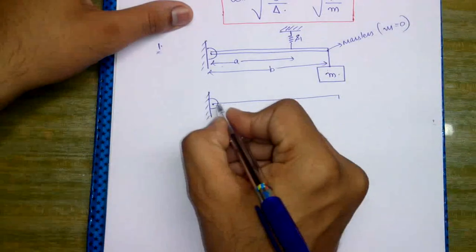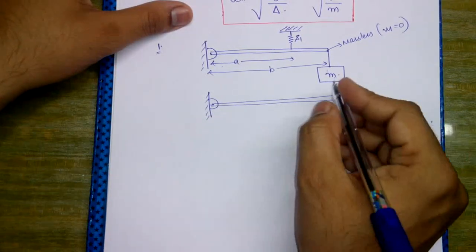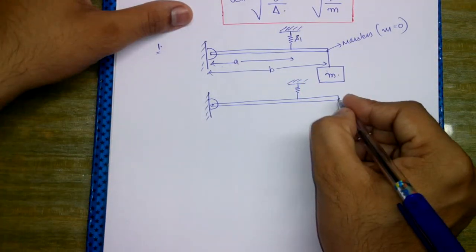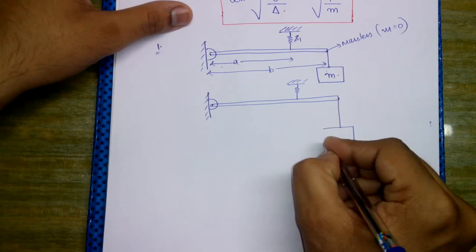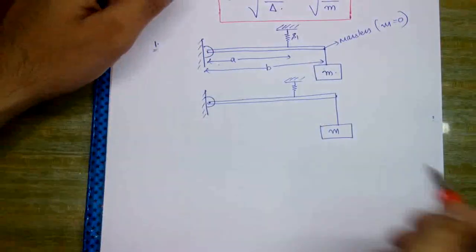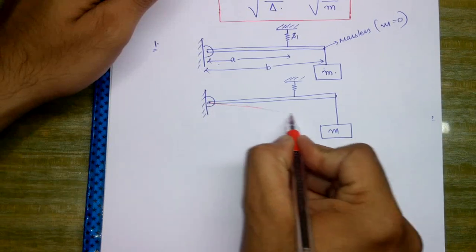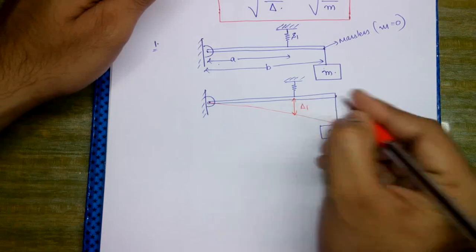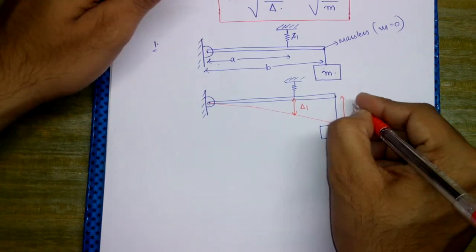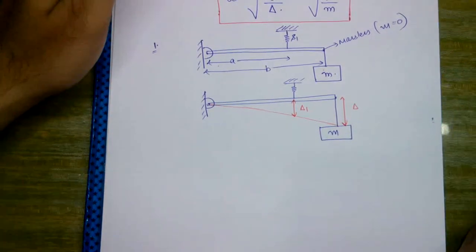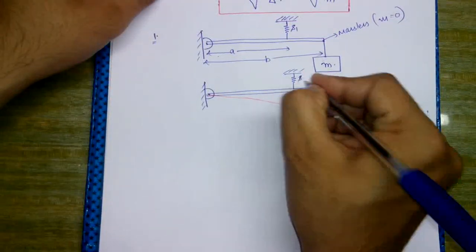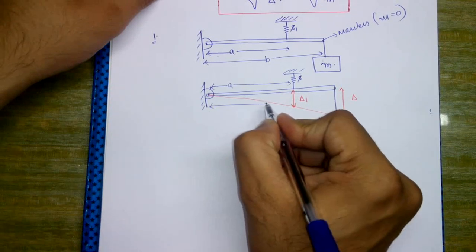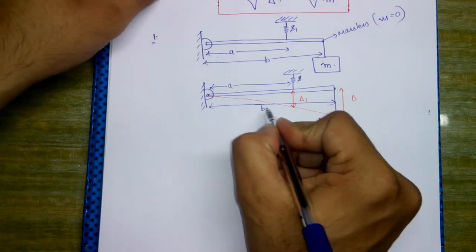Say the deflection due to the spring was delta 1, and the deflection because of the static deflection of the mass is delta. The spring is S, this length is A, and this entire length is B.